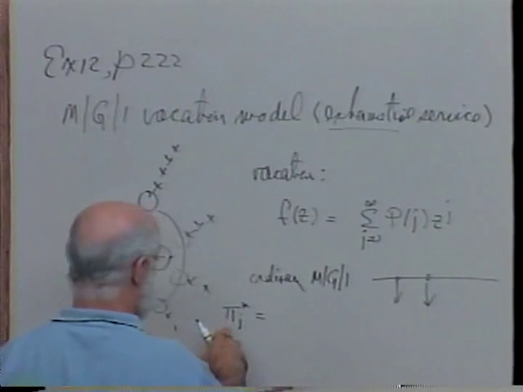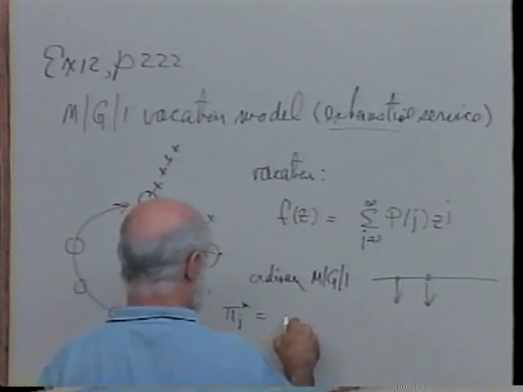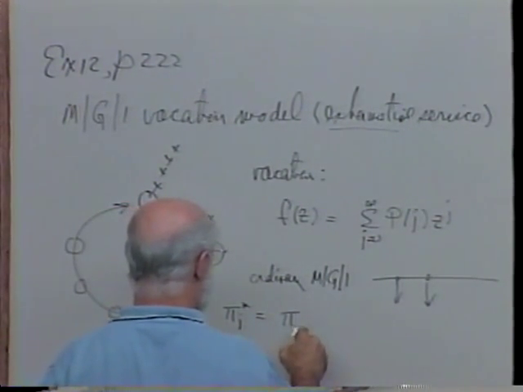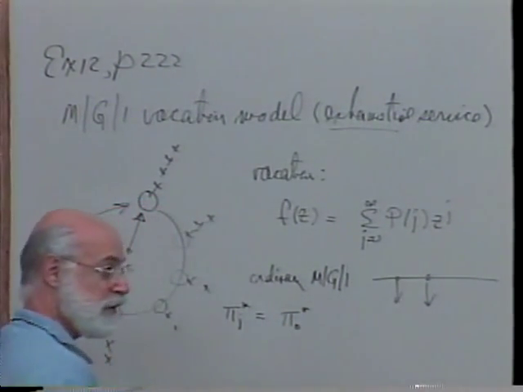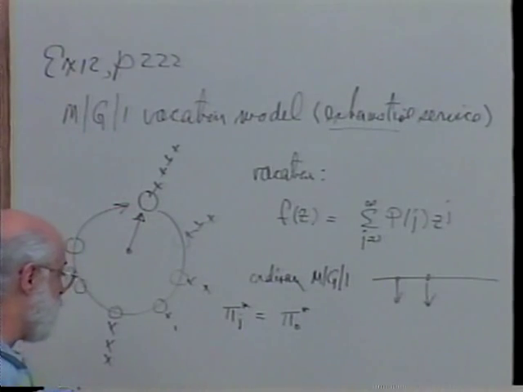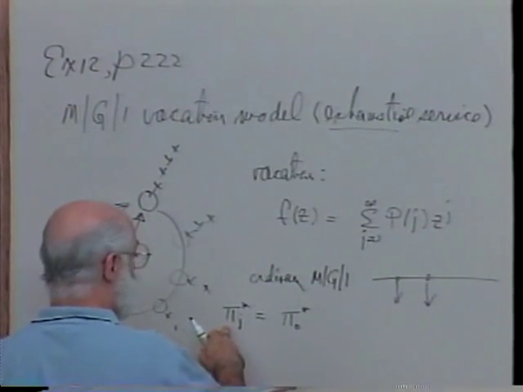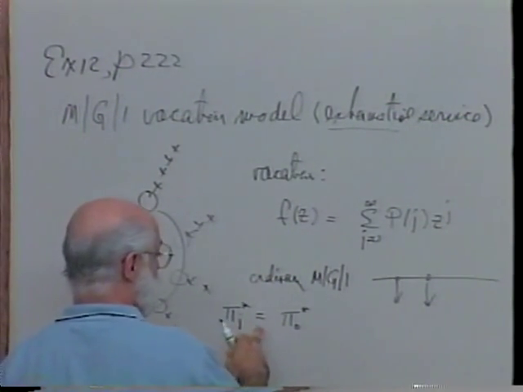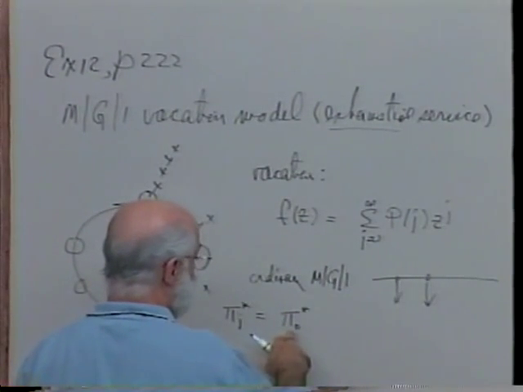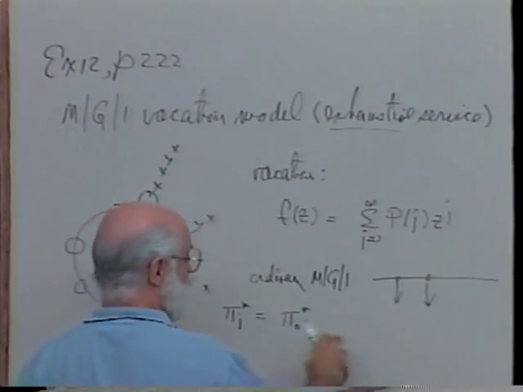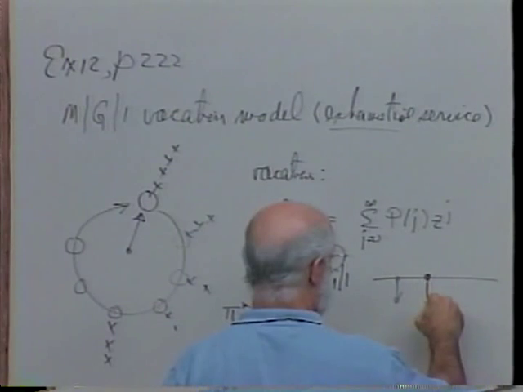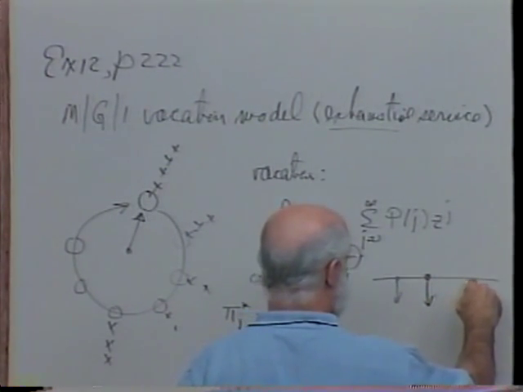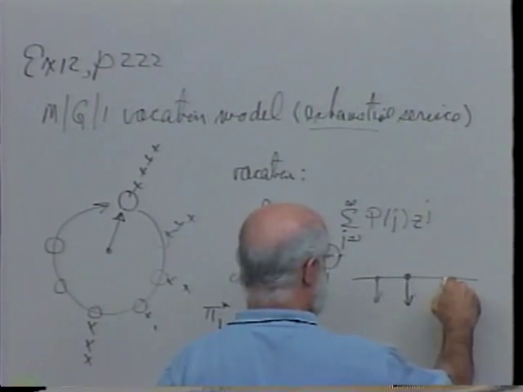That is, the probability that he leaves behind j is the probability that the previous customer left behind 0. And in that case, if the previous customer left the system empty, then the next arriving customer will find the system empty.